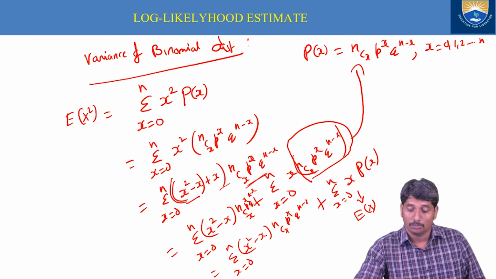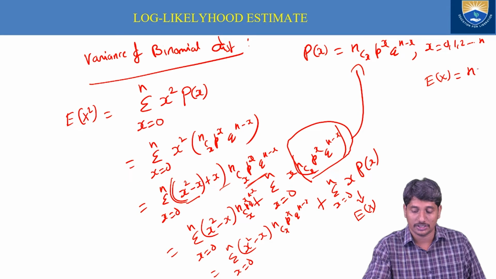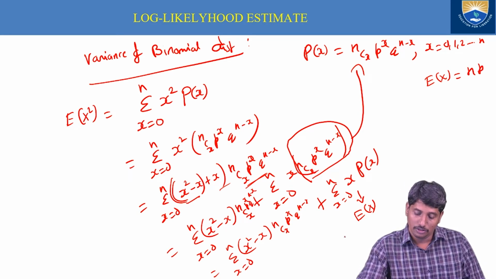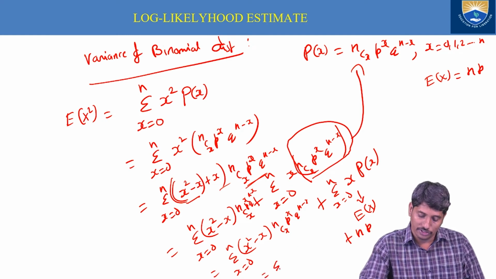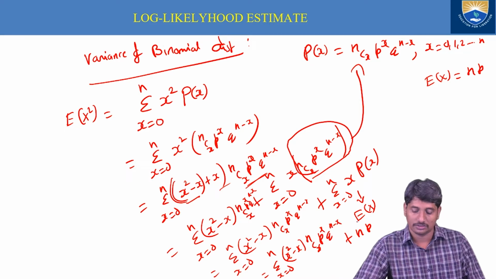In the previous result, we calculated the mean of the binomial distribution as np. So this becomes np. So what we are left with is summation x is equal to 0 to n, (x square minus x) into nCx p power x q power n minus x.